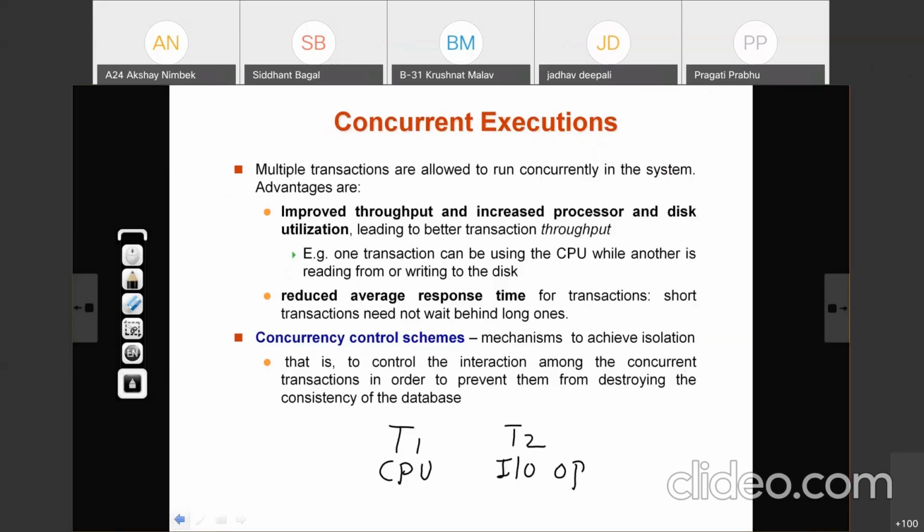So both transactions can execute simultaneously. So what does it increase? It increases the processor and disk utilization.